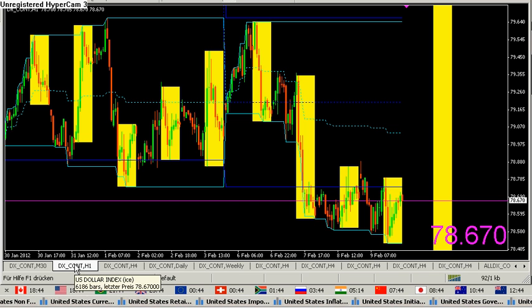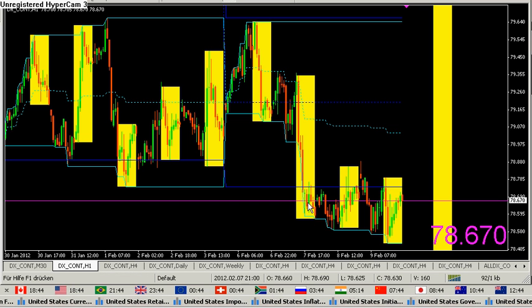And on hourly, here, of course, the most interesting chart. We see here the weekly highs and lows, and we are trading about the low of last week.